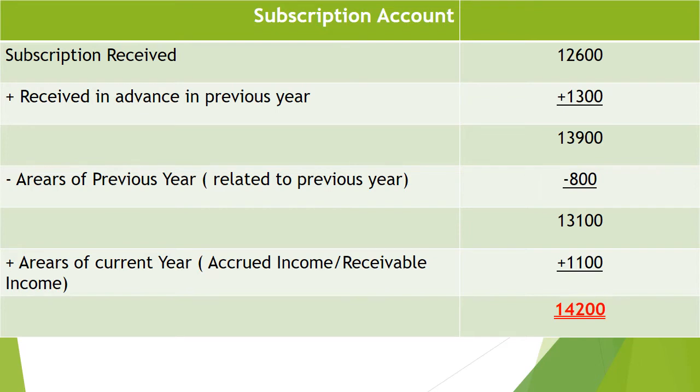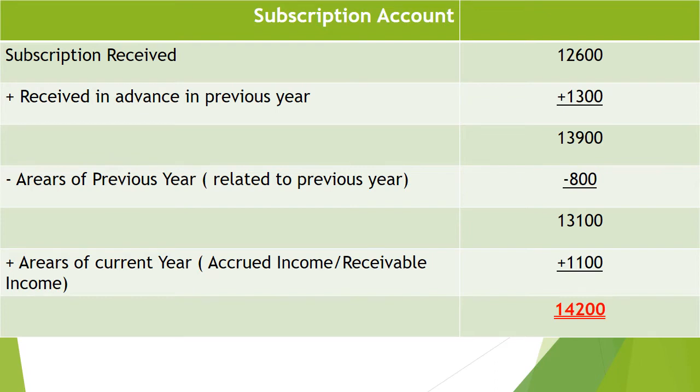This 800 will be the income of previous year, so it will be deducted from the subscription income of the current year. So we will find 13,100 after deducting this 800, and plus arrears of current year. Accrued income, this will be receivable.